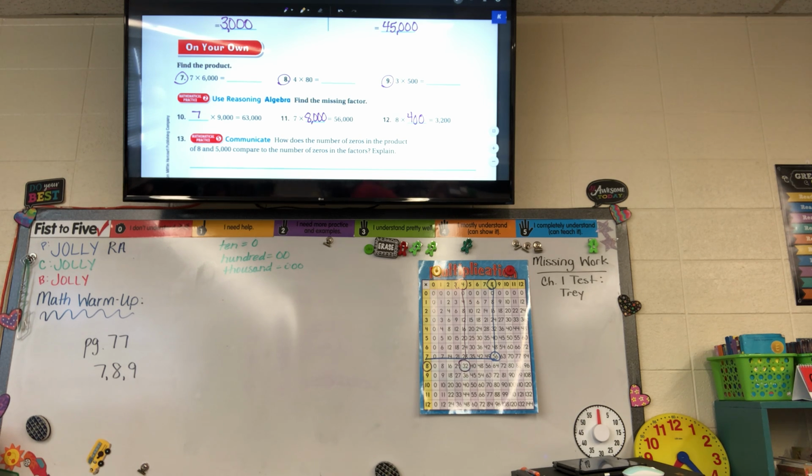Do you just not know how to multiply? I do. Okay, I want you to underline the fact, which is everything without the zeros. So I want you to underline 7 and 6. Now go over here and use your multiplication table and go to the 7 row and then 6.